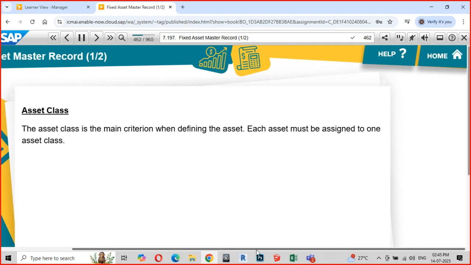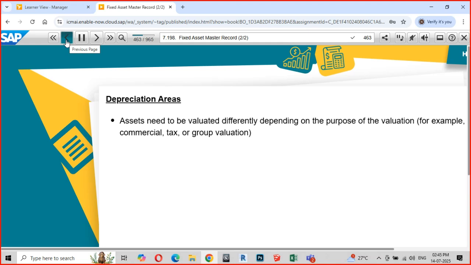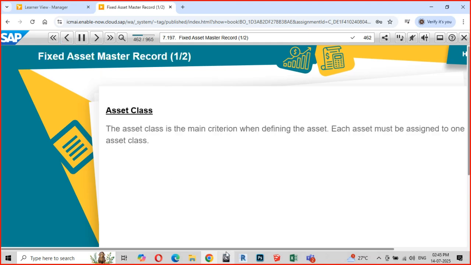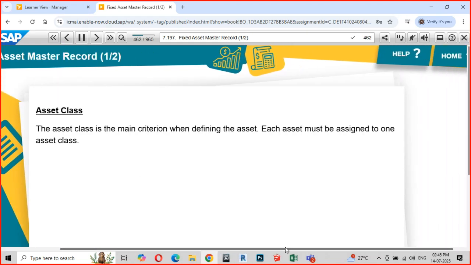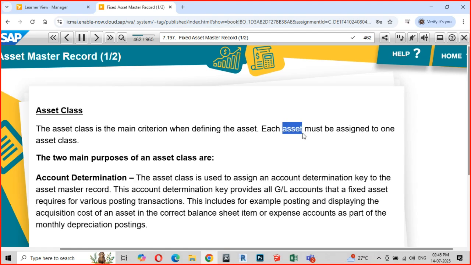So you can see the explanation of foreign asset class once again. Please read them through. Okay, let me read through what is. Let me see if I have missed something. So it becomes very mandatory that each of the assets you are procuring for your organization must belong to one of the asset classes.